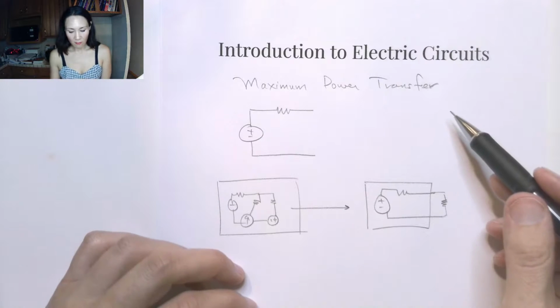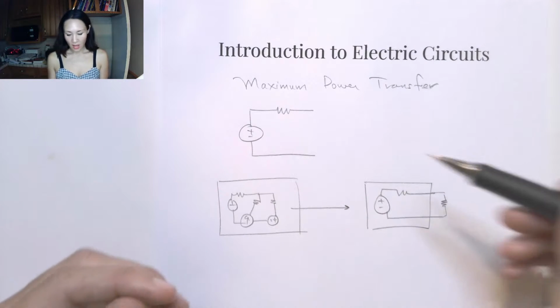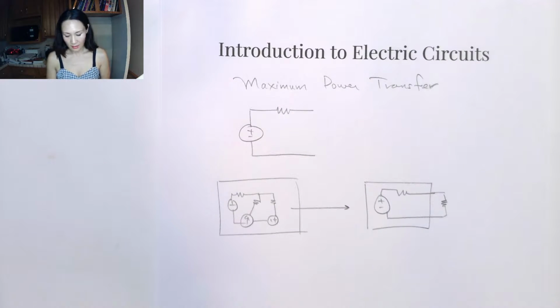So this is the idea of maximum power transfer, and we use this alongside Thevenin equivalence when we're doing black box testing.